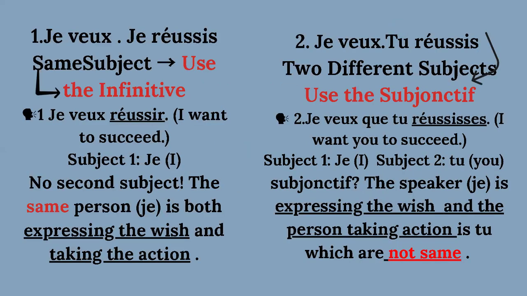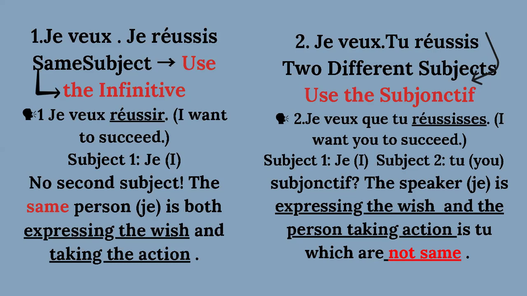Now looking at the first example, je veux, je réussis. In both parts of the sentence, I have the same subject, that is je, and je is the one who is wishing, and je is the one who is taking action. So my subject is the same for both parts of the sentence. When I have the same subject, I will use infinitive.